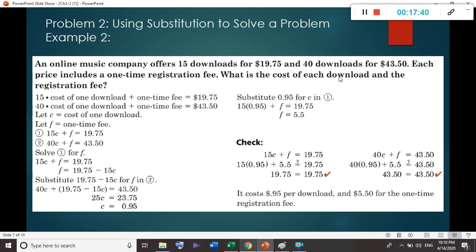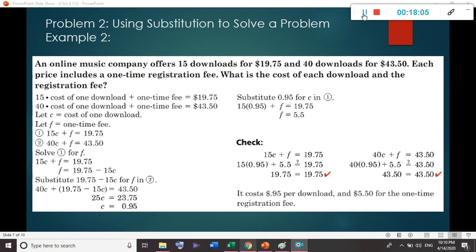So we're going to find the cost of each download, the cost of one download, and the second thing we have to find, the one-time registration fee. We're going to call the cost of one download C, and the one-time fee is F. And we're going to solve this system.